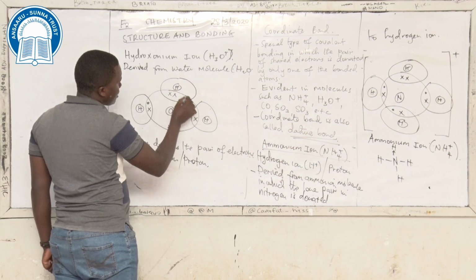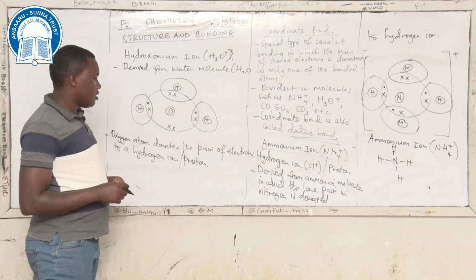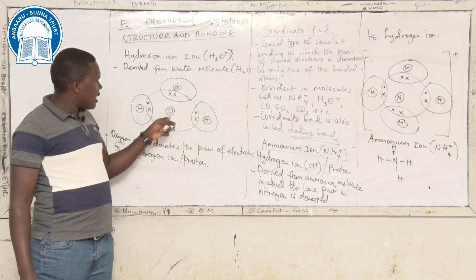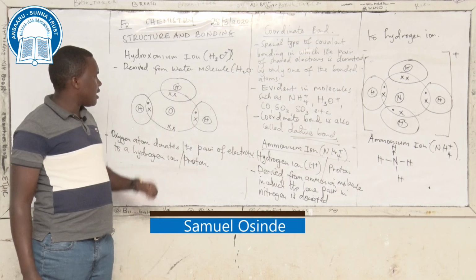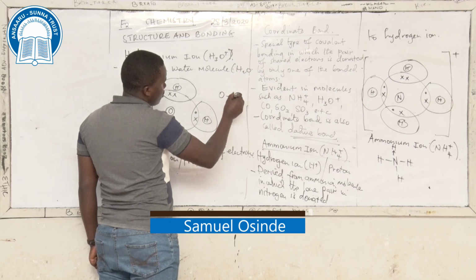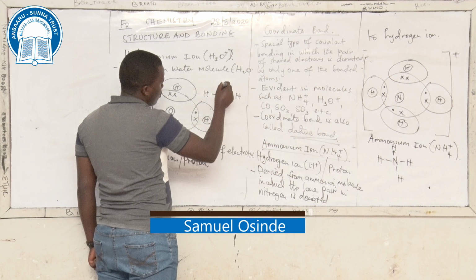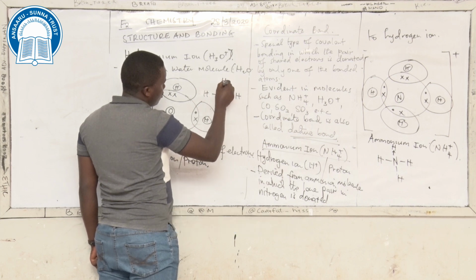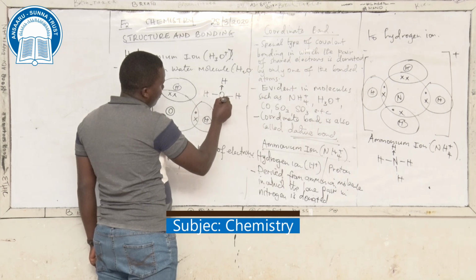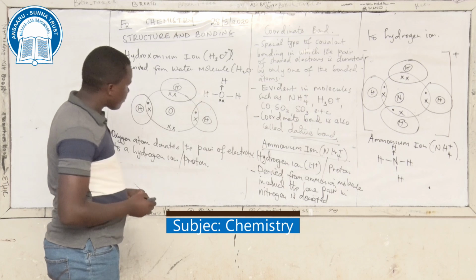So when that happens, this bond is no longer covalent but a coordinate bond, because the two electrons have been donated by one atom. This hydrogen has no electron. So in terms of the diagram, you can have O, you have H, then you have another H. But this one must be an arrow. Then you have two lone pairs there.